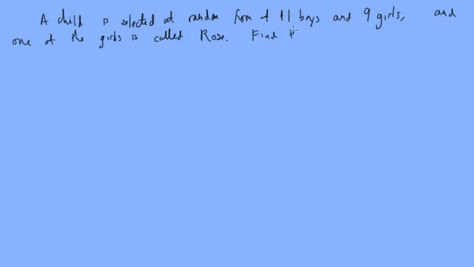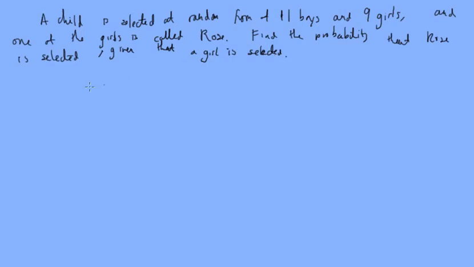Find the probability that Rose is selected given that a girl is selected. So the probability of Rose given a girl is selected.